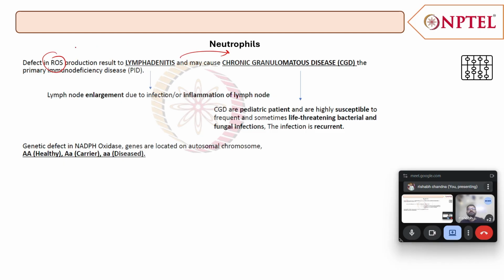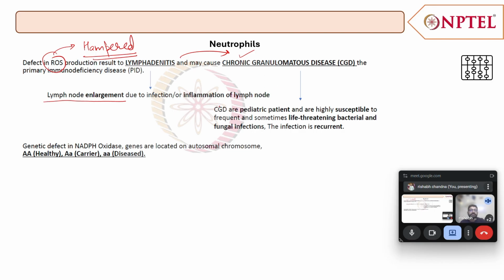Because the ROS production is hampered, it leads to chronic granulomatous disease. And due to this, there is enlargement of the lymph node due to infection or inflammation of the lymph node.